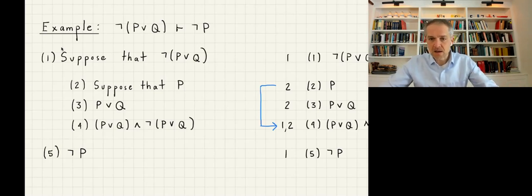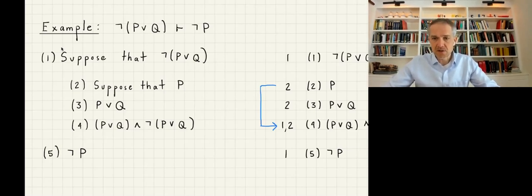Now, under that supposition, everything becomes like it was before. That is, from the supposition of P, we can infer P or Q. That's just or introduction. Now, lines 3 and 1 give P or Q and not P or Q. A sentence conjoined with that very same sentence's negation is an explicit contradiction.